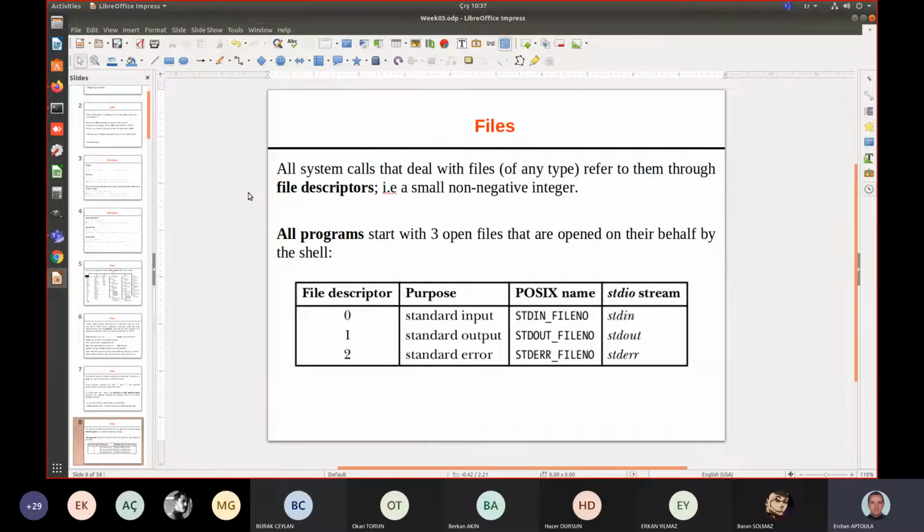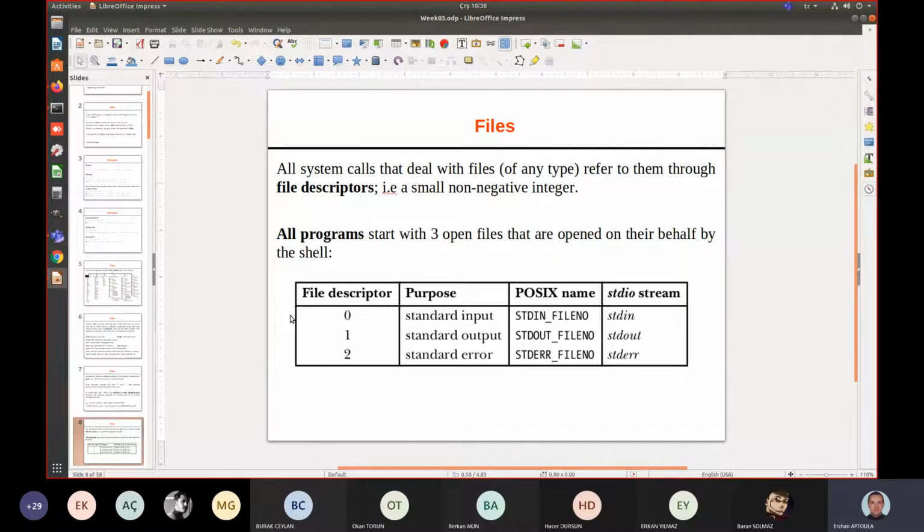So at a system level, open files are represented by non-negative integer file descriptors. For example, 0 is standard input and so on. Especially the first three, 0, 1, and 2, are already open the moment that your process starts to execute.